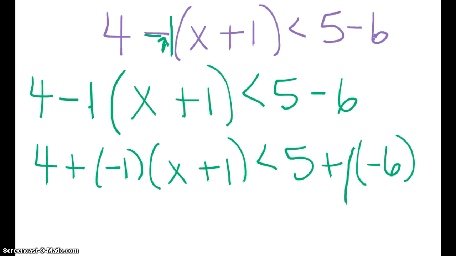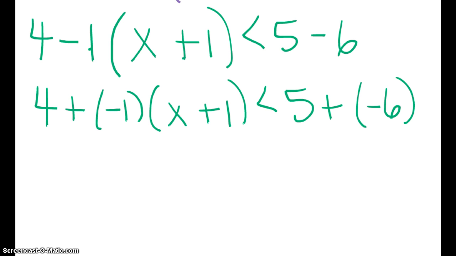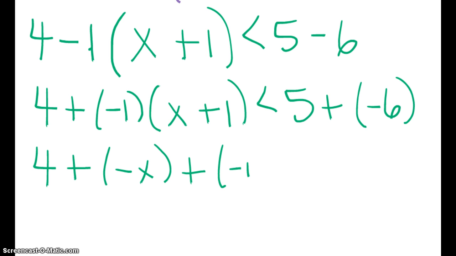It's just not shown. Okay, so now we're going to distribute 4 plus negative x, because negative 1 times x is just negative 1x, but I'm going to write it as negative x, plus negative 1, because a negative 1 times 1 is negative 1, is less than 5 plus negative 6.